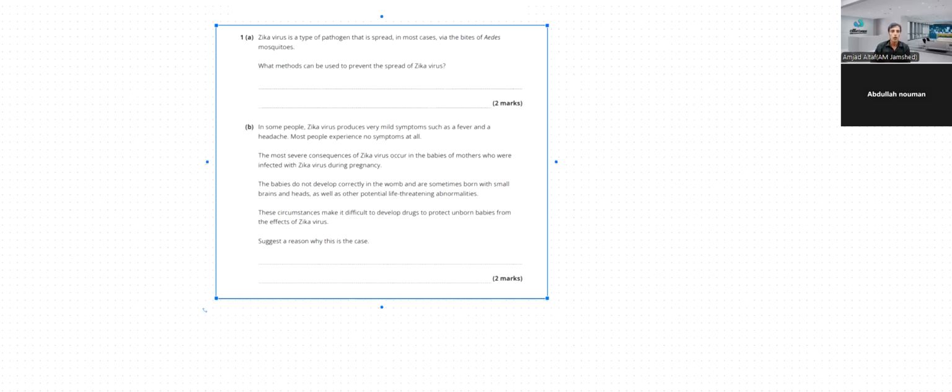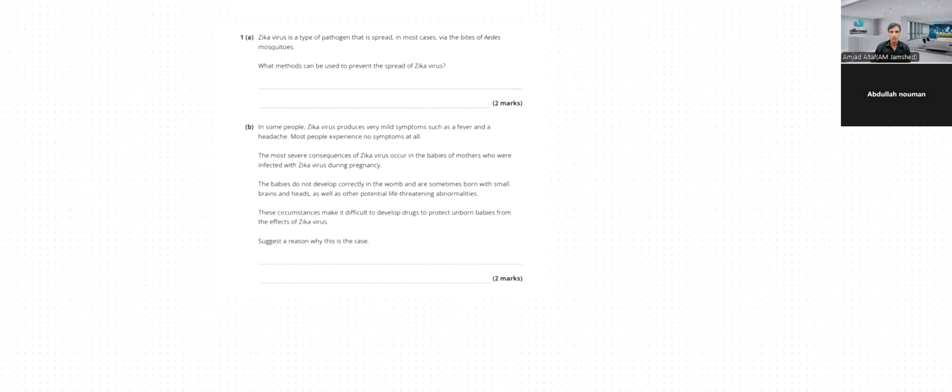That's fine. Zika virus is a type of pathogen that in most cases spreads via the bites of the Aedes mosquito. Zika virus was discovered around 2016 or 2017, so this is updated. There is coronavirus in GCSE too; they have included it somewhere and you will see it in A levels.